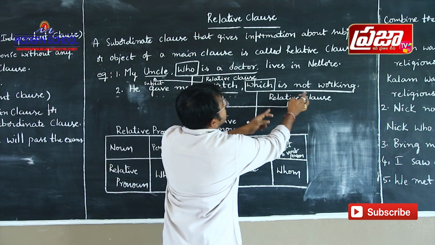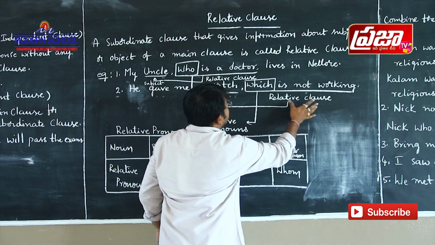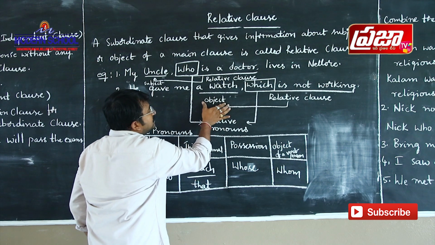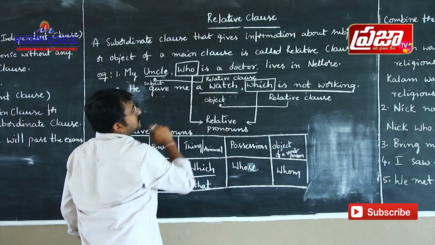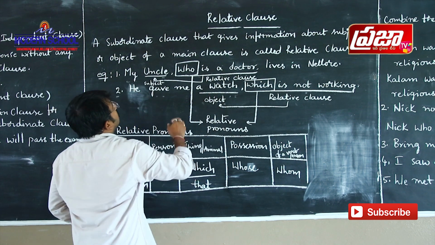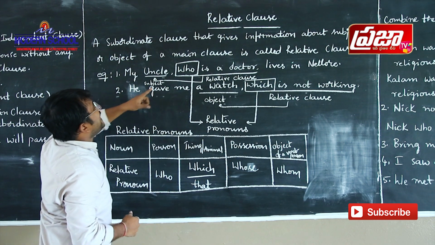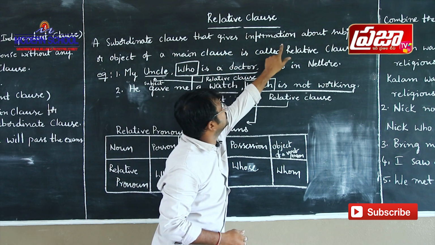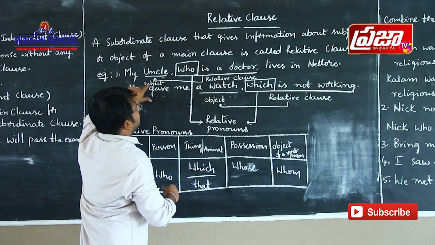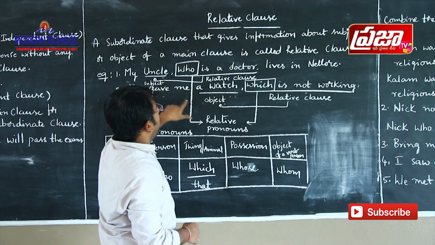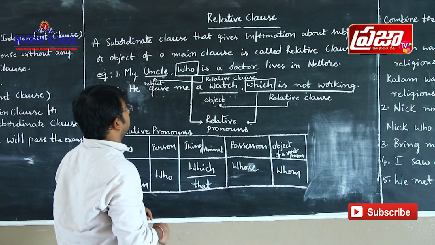And "which is not working" is the subordinate clause giving the information about the object of the main clause. So, from the two examples, what can we understand? It gives the information about the subject of the main clause or the object of the main clause.